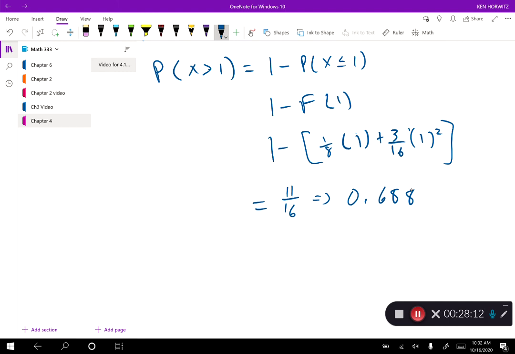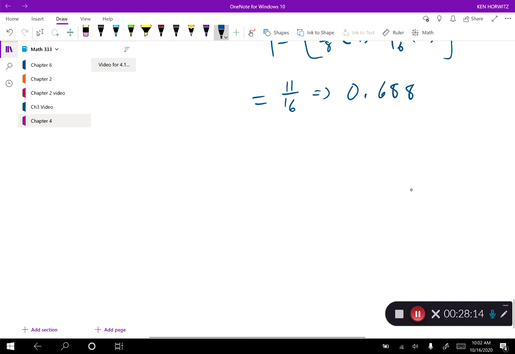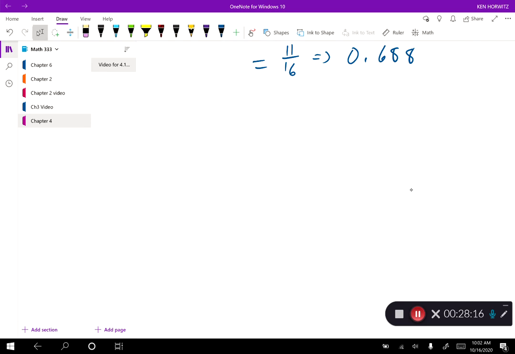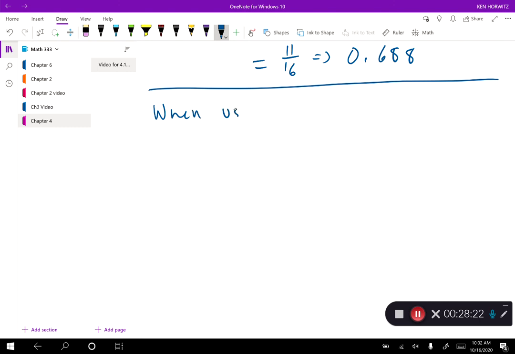All right, so when we're using our big F of x to compute probabilities, a couple of things to remember.